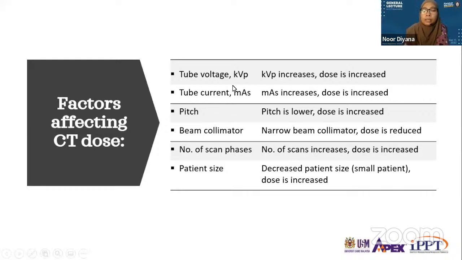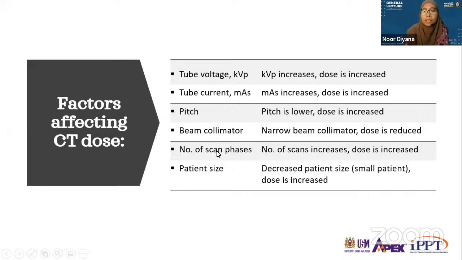Then tube current output, the mAs. If you increase the mAs, dose also increases. The dose is the CTDI. And then pitch. If you use a lower pitch, the dose will increase. And beam collimation. If you use a narrow beam collimator, the dose will be reduced.